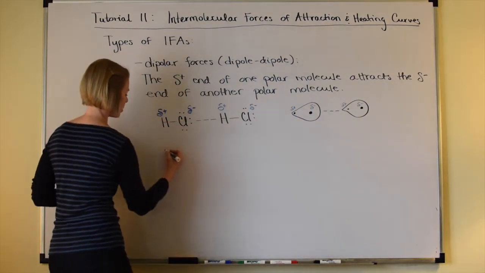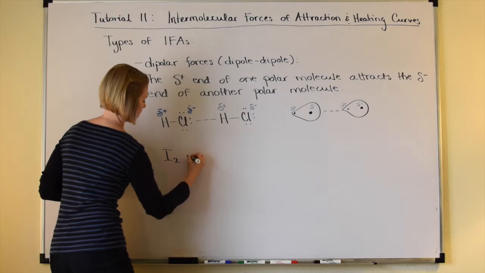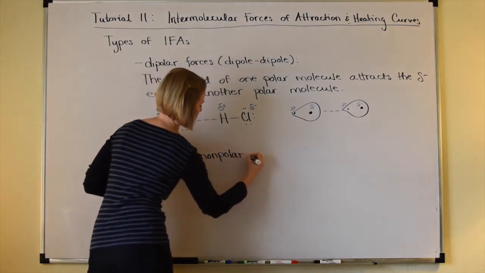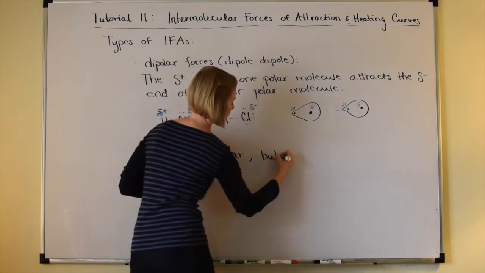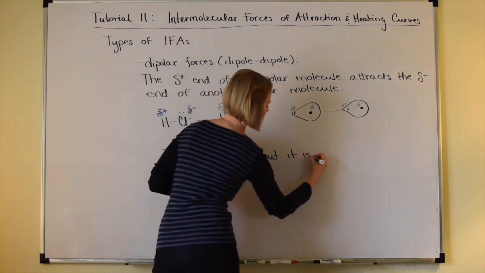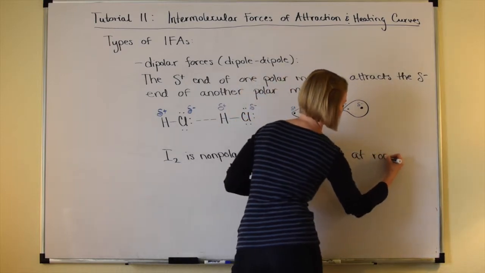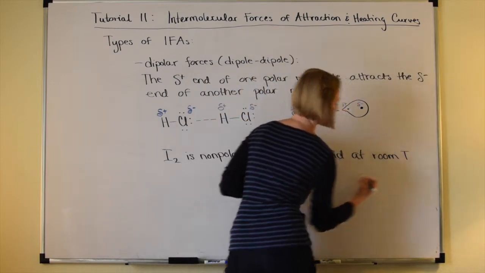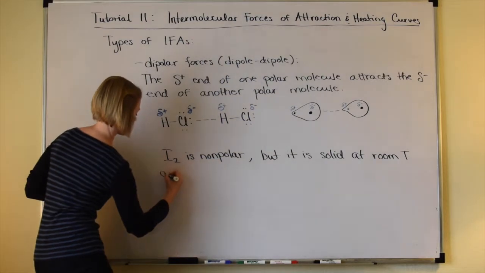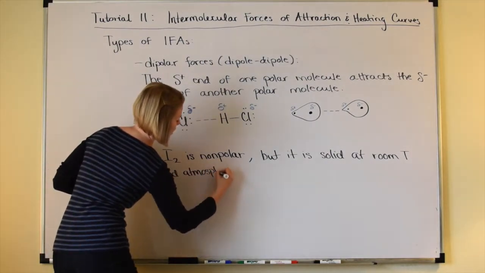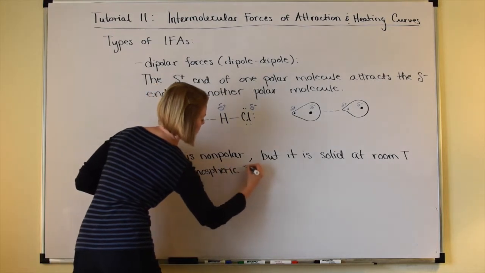Iodine is a great example of that. It's nonpolar, but it's a solid at room temperature. I'll just write T for temperature, and atmospheric pressure. I'll just write P for pressure.